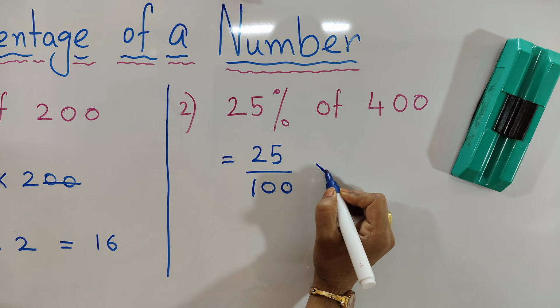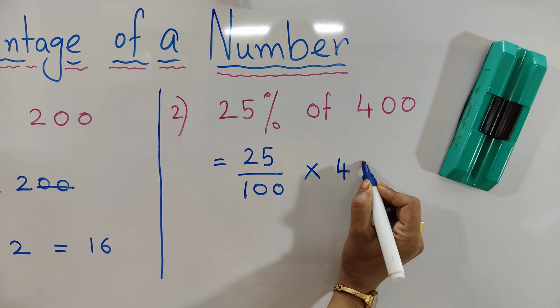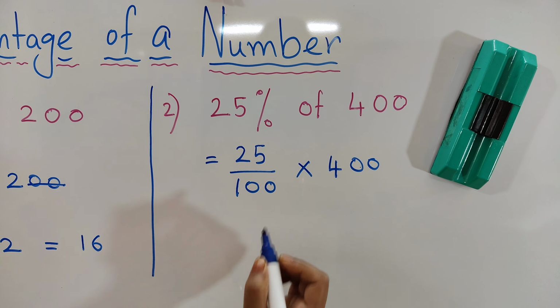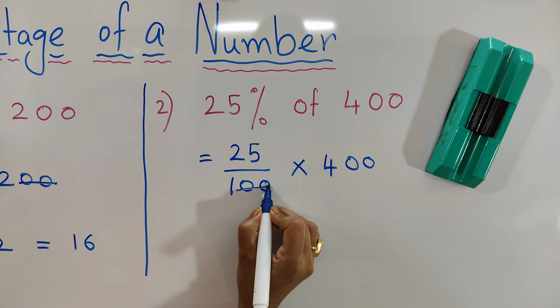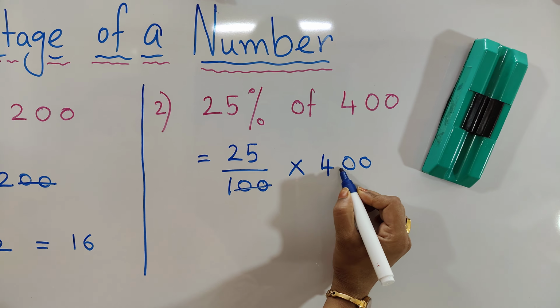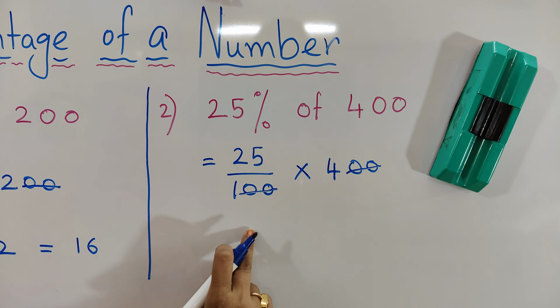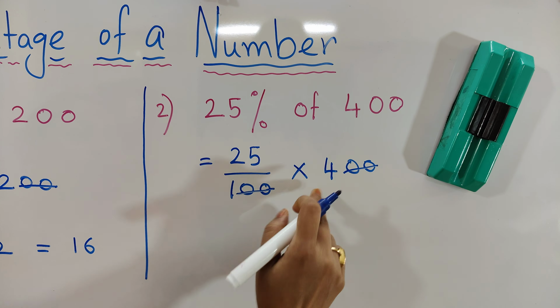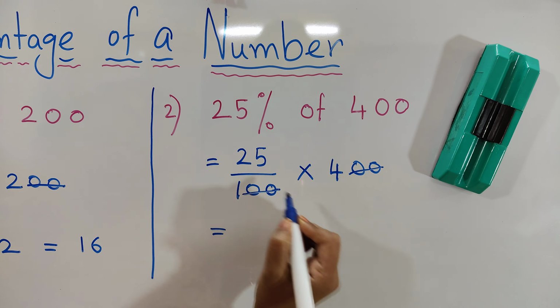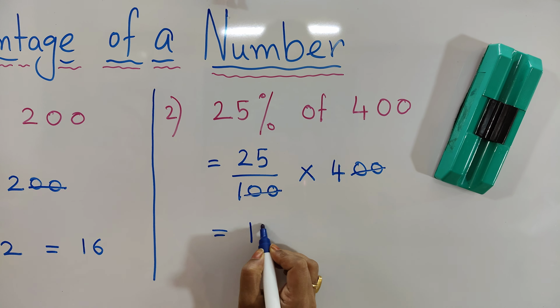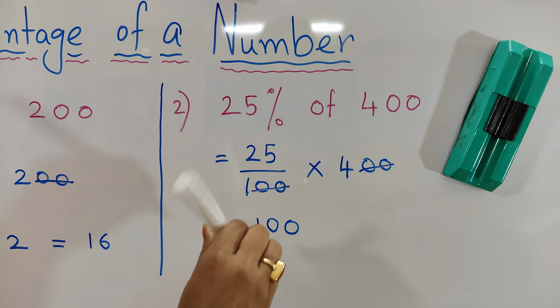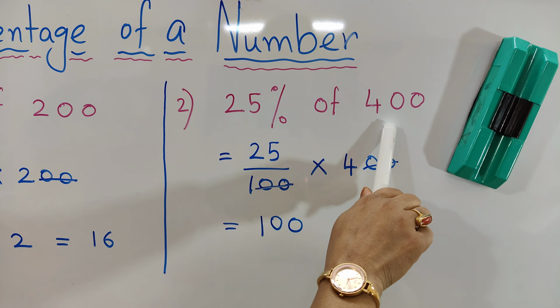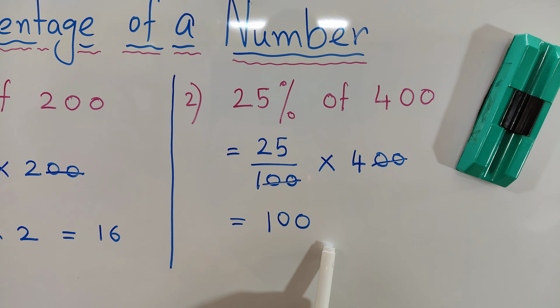Of, we know, means multiply, and 400 will remain as it is. Now we will cancel 2 zeros from 100 and 2 zeros from 400. Now 25 times 4. 25 times 4 is how much? 100. So 25% of 400 is 100.